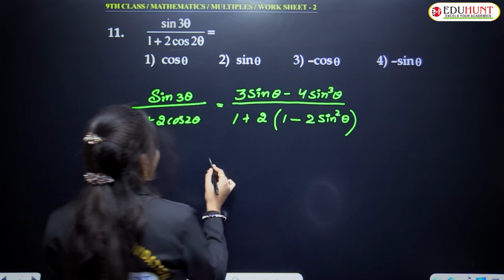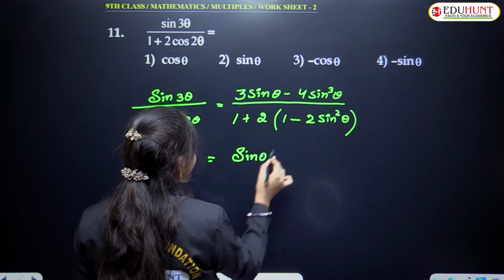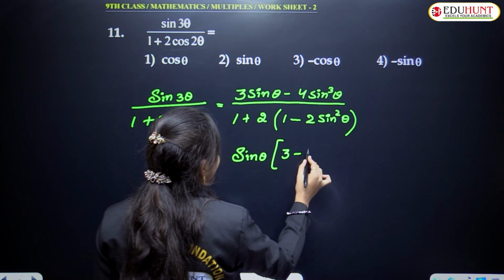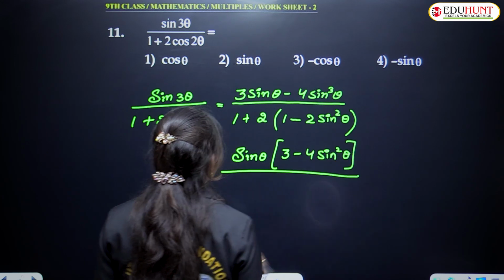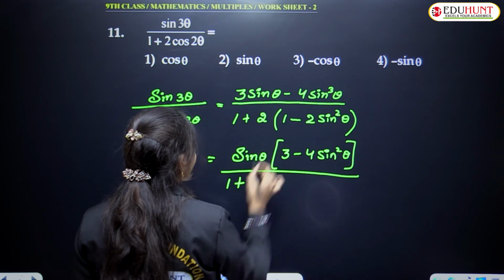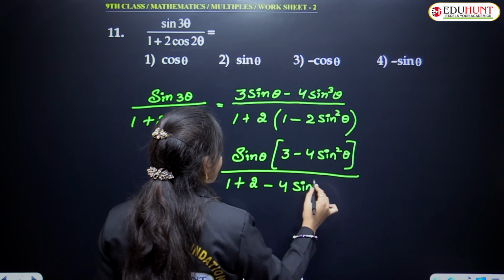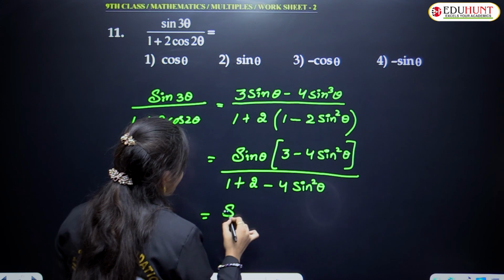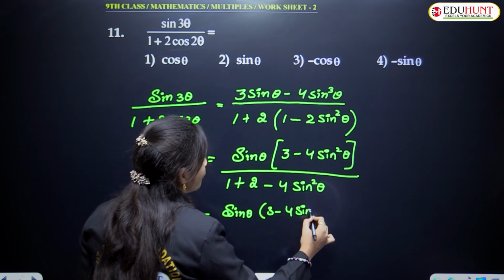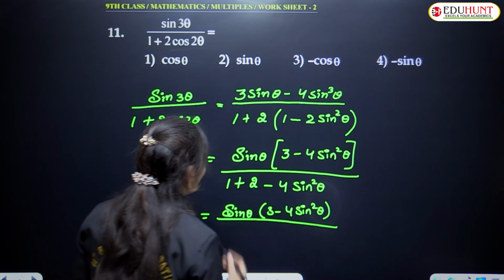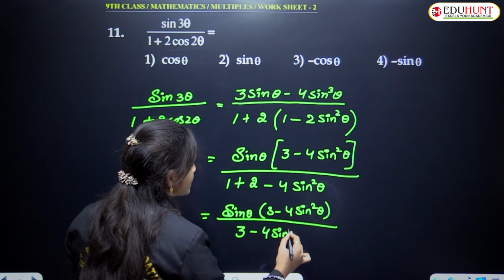Understand? So simplify this. From the numerator I want to take sin theta as common. So the leftover is 3 minus 4 sin square theta whole by 1 plus 2 into 1 is 2 minus 2 into 2 is 4 sin square theta. So which equals sin theta into 3 minus 4 sin square theta whole by 1 plus 2, that is 3 minus 4 sin square theta.